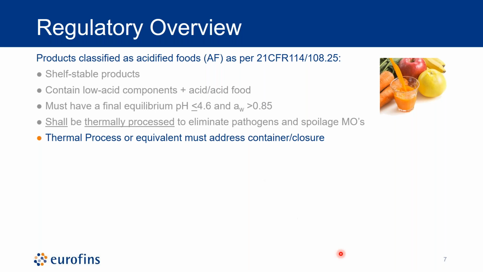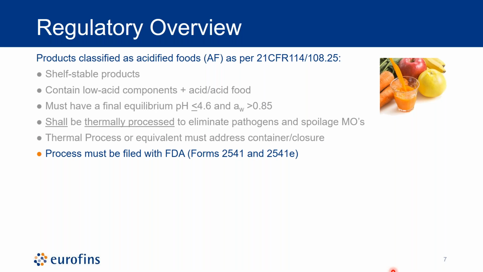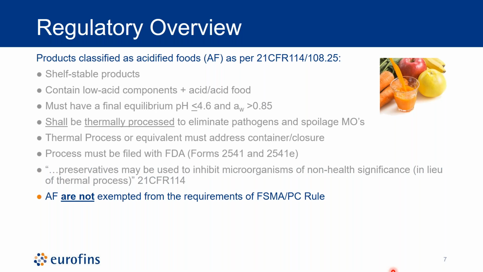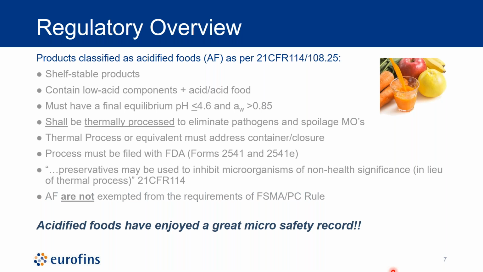It's not just the product, but the container and the closure as well. And the process must be filed with FDA prior to beginning production. Preservatives may be used in lieu of a thermal process. And remember that these products are not exempted in any way from the requirements of the FSMA preventive controls rule.